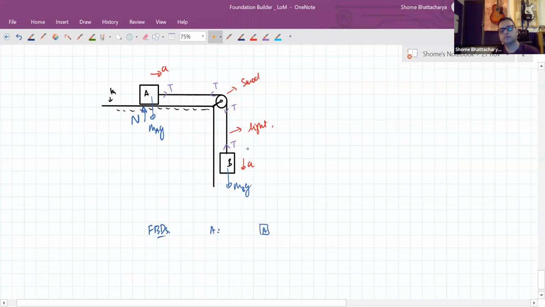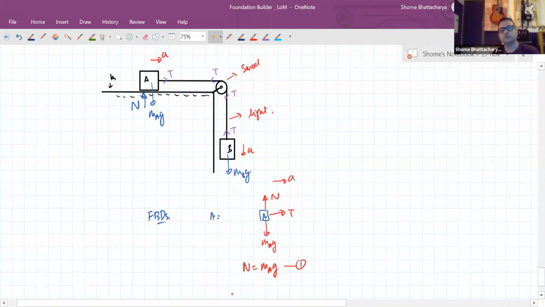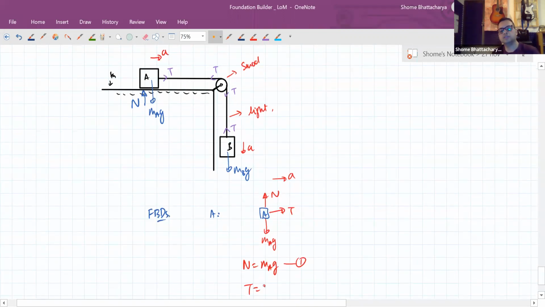For A, there is horizontal force of tension, vertical force of normal reaction, vertical force of weight, okay, and it has some acceleration a. So we have N is equal to weight, and we have T is equal to mass into acceleration.